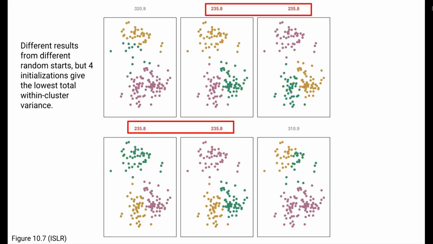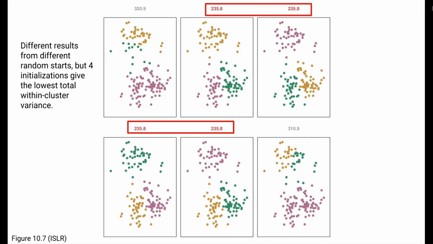So note that it was important to run this k-means algorithm with different random initializations, different random starts, because we can get different results from different random starts. Each of these 6 panels shows that same data set resulting from a different random initialization, the clusterings that result. So we see that different clusterings do indeed result from different random starts, and the numbers at the top of the panel show the total within cluster variance, which we want to be as low as possible.